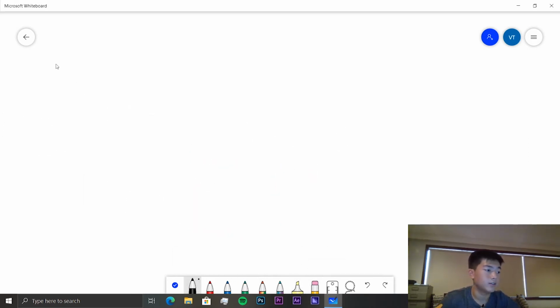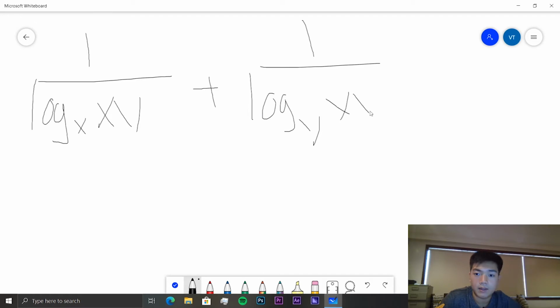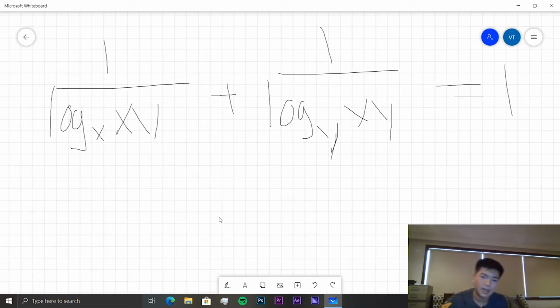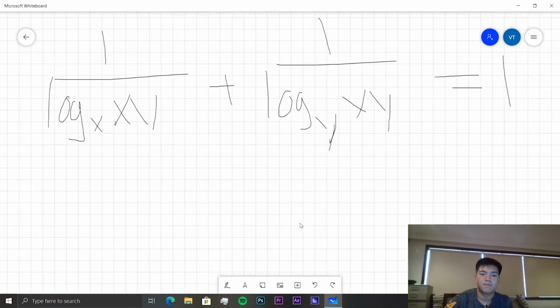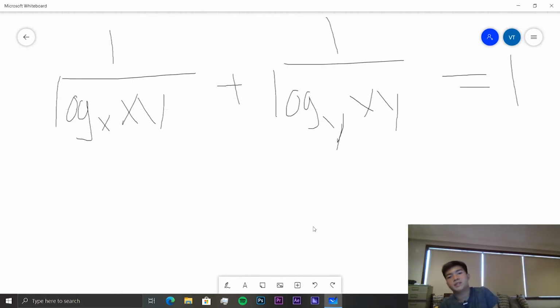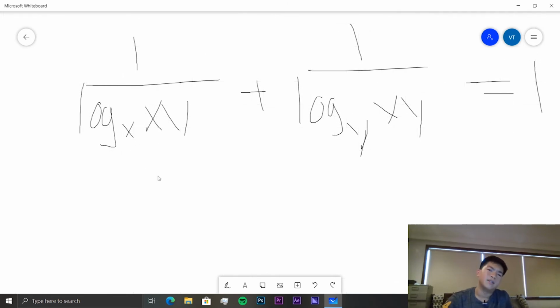Next, show that 1 over log x of xy plus 1 over log y of xy is equal to 1. So we obviously have to convert these into terms of xy. What would be the best way to do this? I guess convert both into bases of xy.